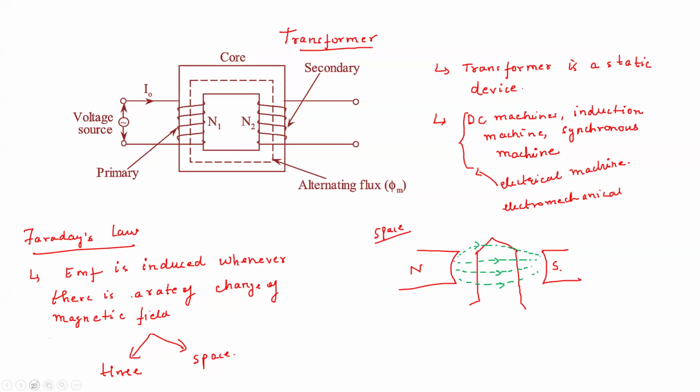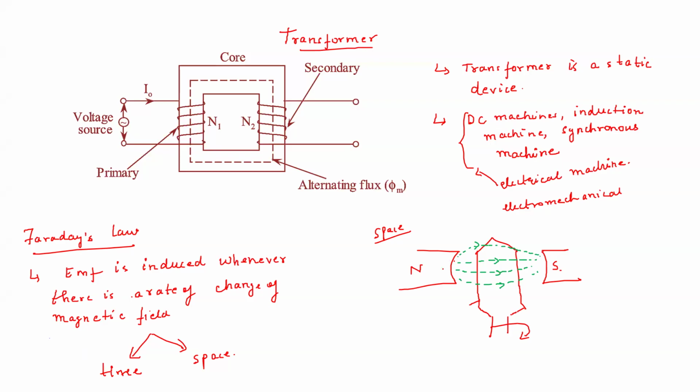Now, for creating the rate of change, what we will do is rotate the conductor which we have placed in this magnetic field. Since it is rotating, it will experience a rate of change of magnetic field.